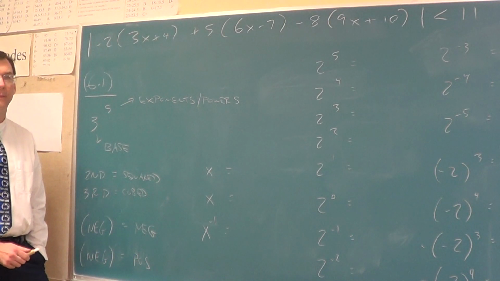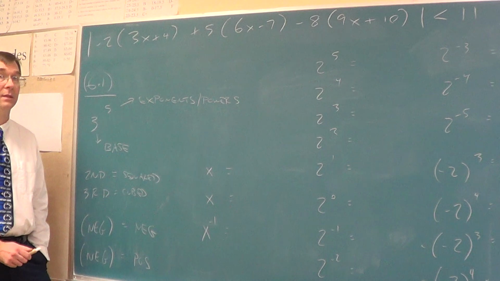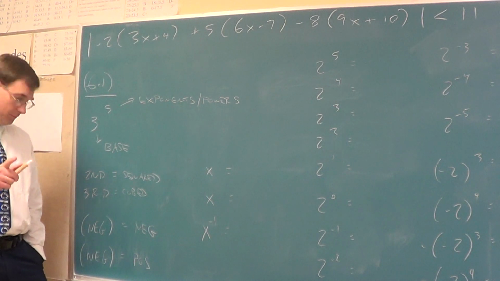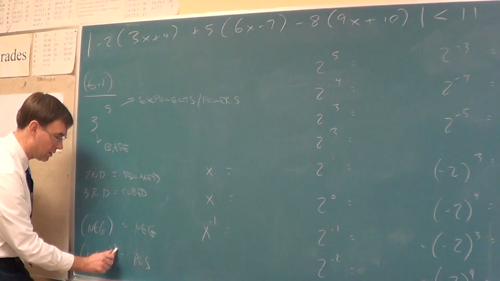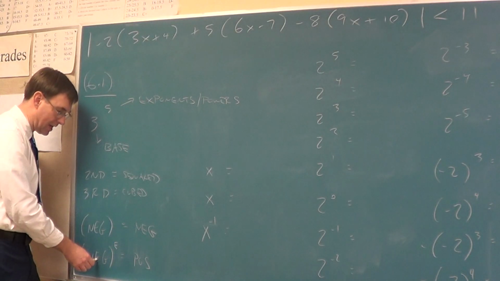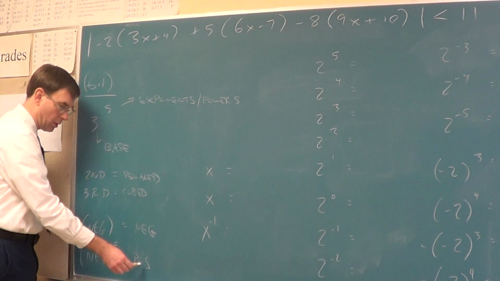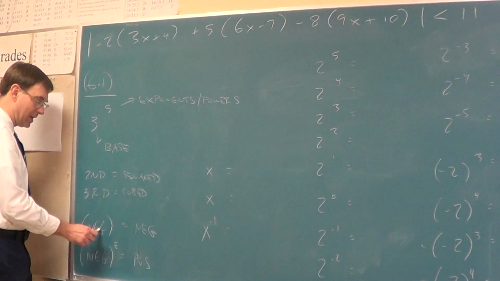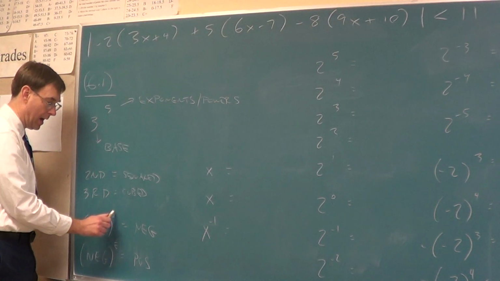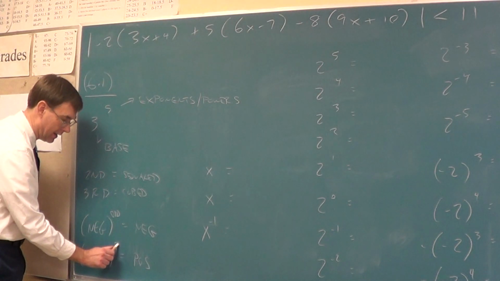It depends on how many times. If it's even, it's going to be positive. If it's odd, it's going to be negative. That's correct. Anytime there's a negative in and it's an even power, we'll get positive. Anytime there's a negative in and it's an odd power, you're going to end up getting a negative back.